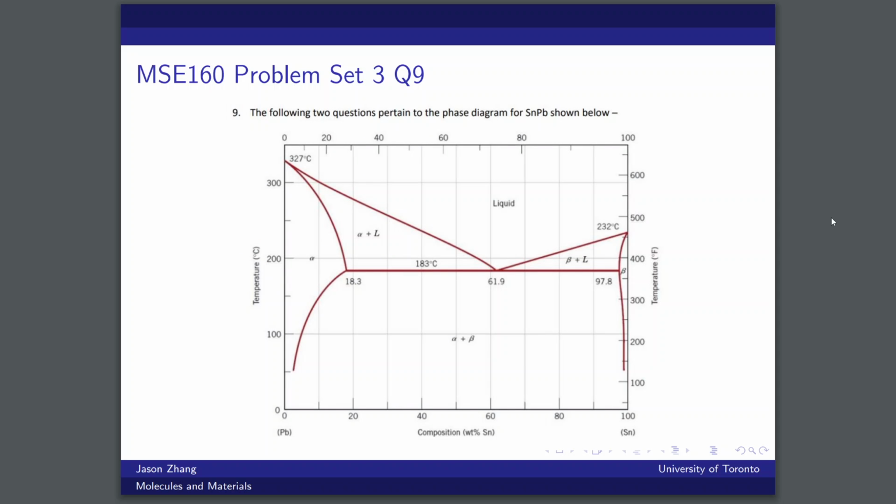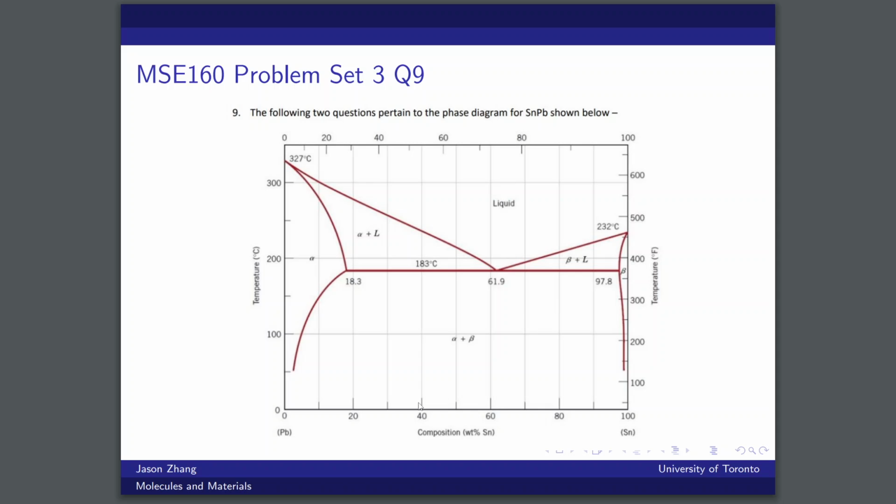So this is the diagram that was provided with the question. It says the following two questions pertain to this phase diagram for SnPb, that would be tin and lead. What it's showing is the different phases that you can achieve in a solution of tin and lead depending on the composition.